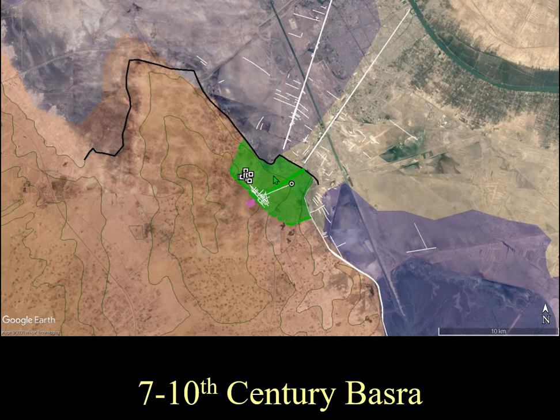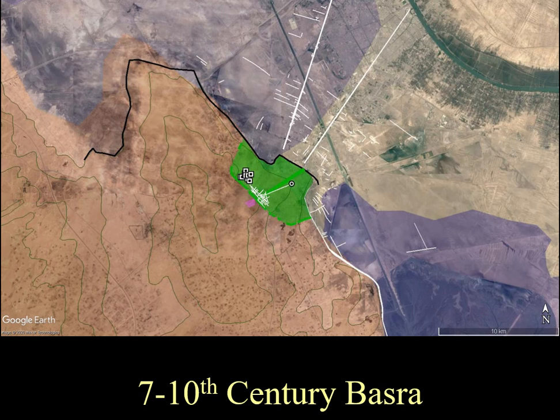This is a very important city throughout this time. As I was saying, it was founded basically as a fortress to conquer this part of the world, but it's where that army continued to live after the conquest. The abundant wealth of Mesopotamia would have all poured into this settlement and also into Kufa.